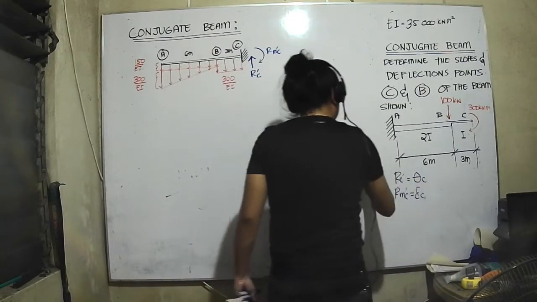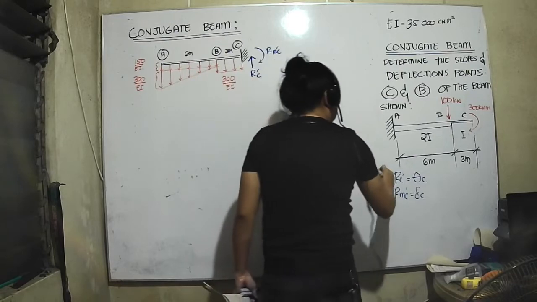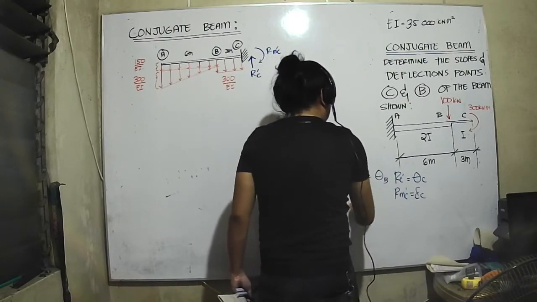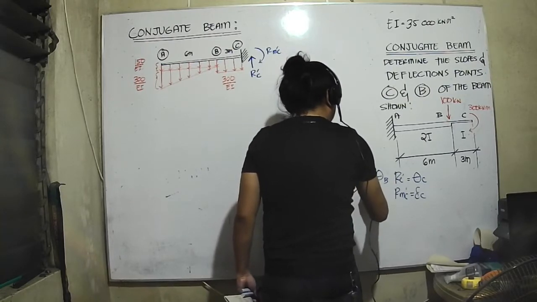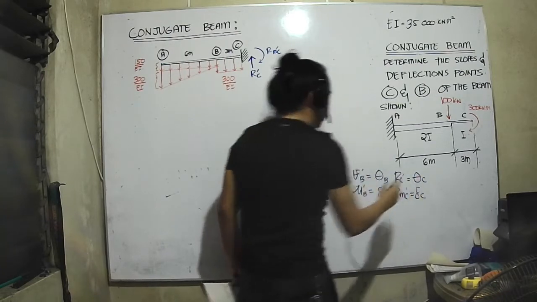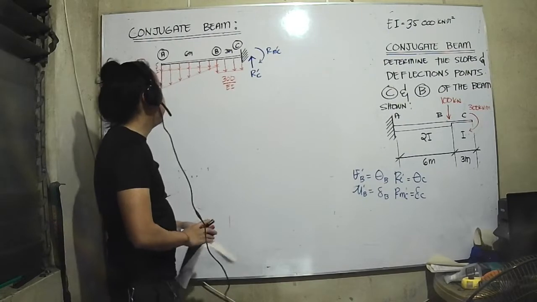The fictitious shear at B is equal to the slope at B, and the fictitious moment at B is equal to the deflection at B in the real beam. So you just need to keep that in mind.